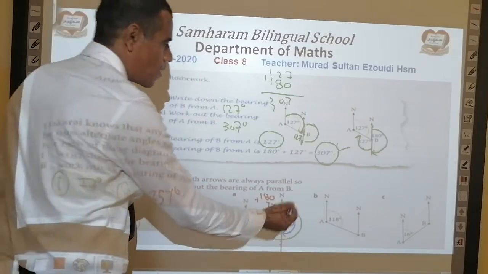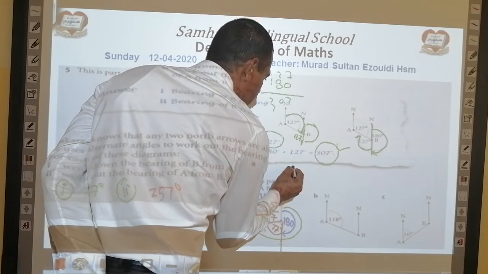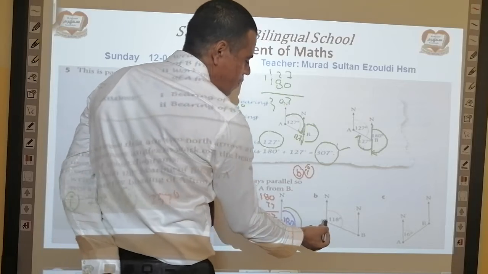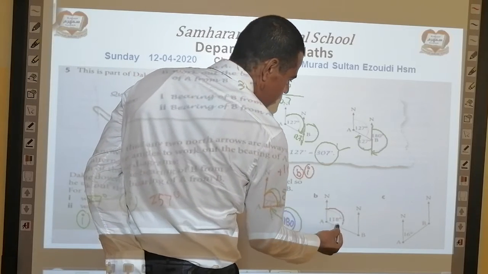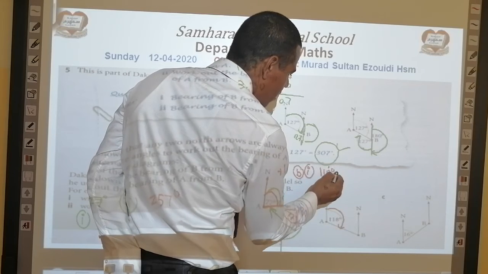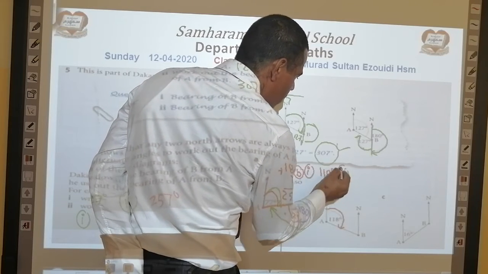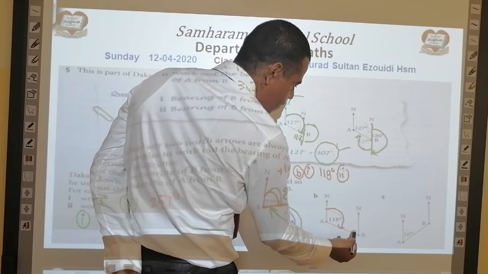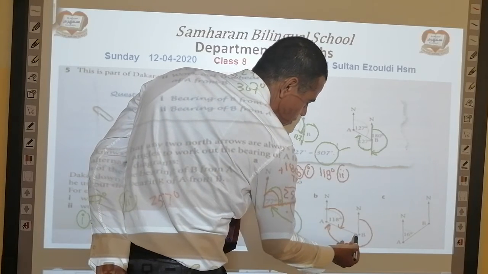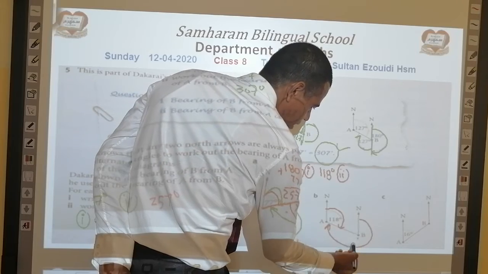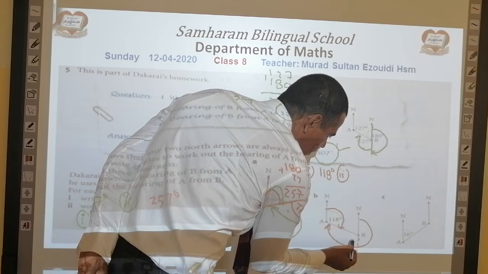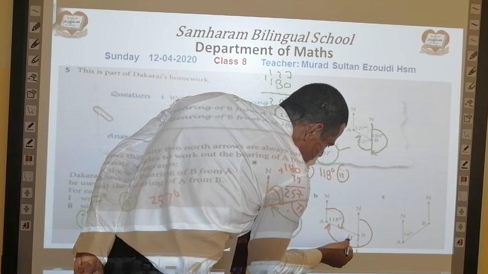To the next one, this one, small i. The bearing of B from A is that 180. Then double i, the bearing of A from B is that: 180 plus 180.